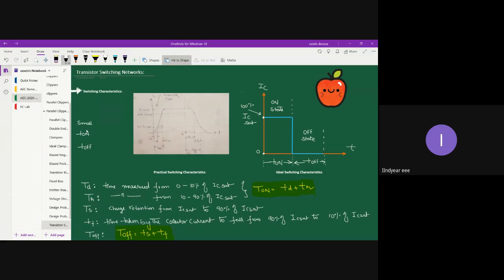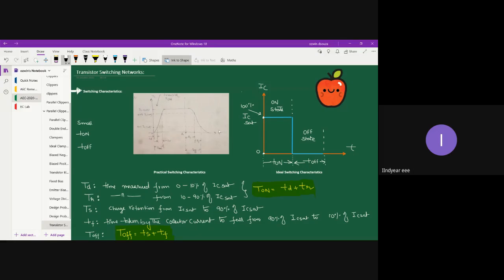On the other hand, normal bipolar junction transistors, which are extensively used for amplification purposes, will have a moderate turn on and turn off time. So switching transistors are altogether a different kind of transistors. They are available both in the bipolar junction category as well as in the FET category, that is, field effect transistor category.